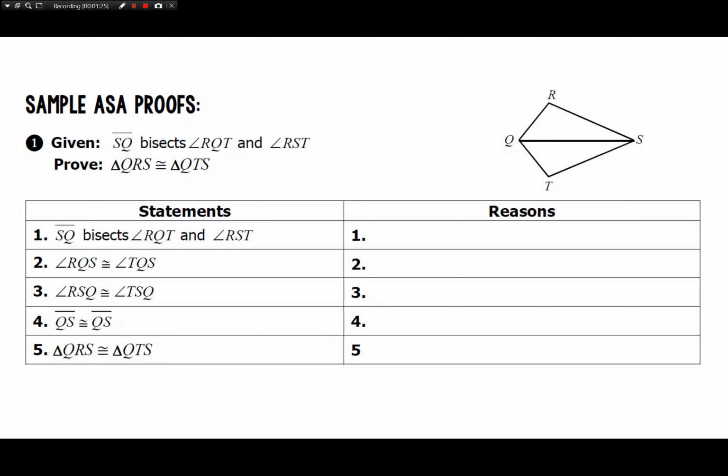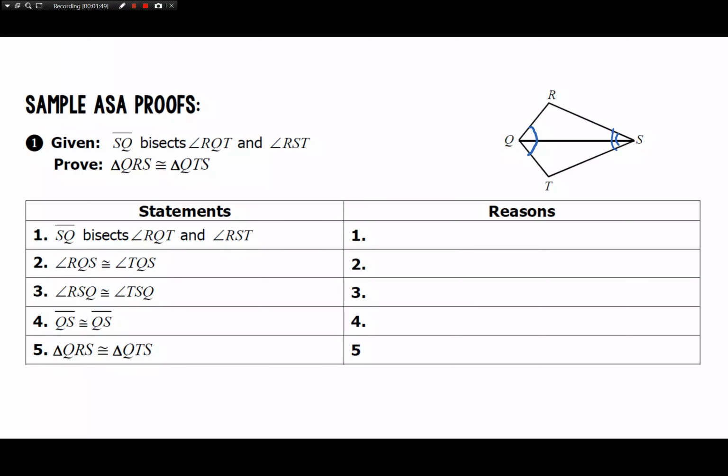Alright, so again, we're going to first mark our picture. If we have segment SQ bisecting angle RQT, then these two angles must be congruent. And also, if SQ bisects angle RST, then these two angles must be congruent.